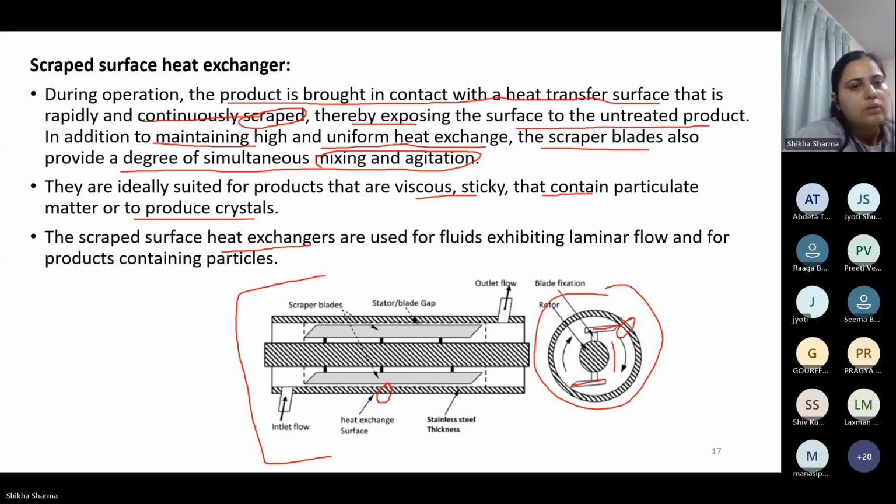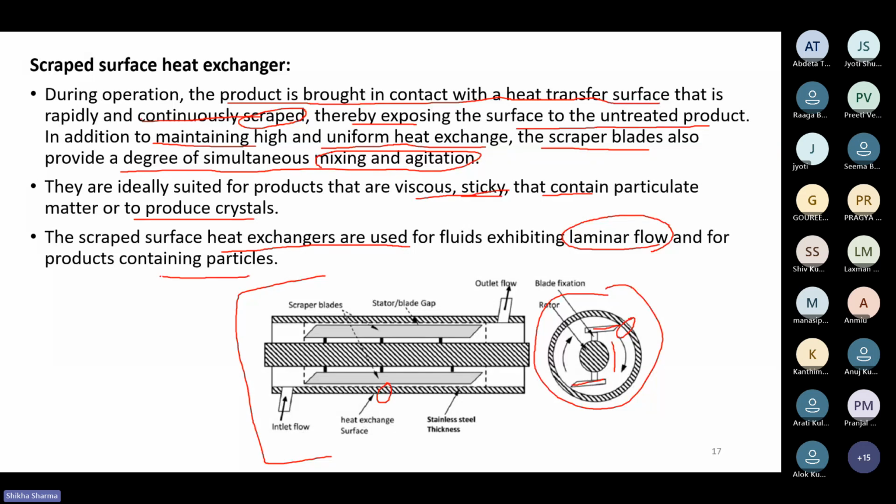Also, scraped surface heat exchangers are basically used for laminar flow because they are used for high viscosity fluids. That's why we need scraper blades. And since it is of high viscosity, only laminar kind of flow can be maintained, and it is basically used for products having particles.